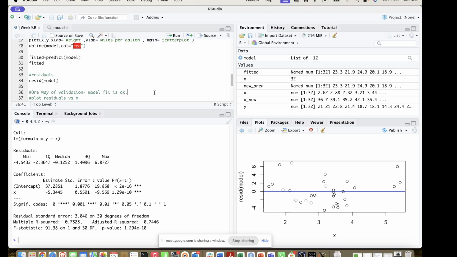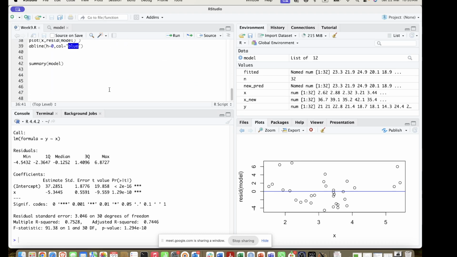Alright, so this is how you would carry out a regression analysis and then proceed to test for model validity. There are several other methods. This is one fundamental basic method that I'm telling you.